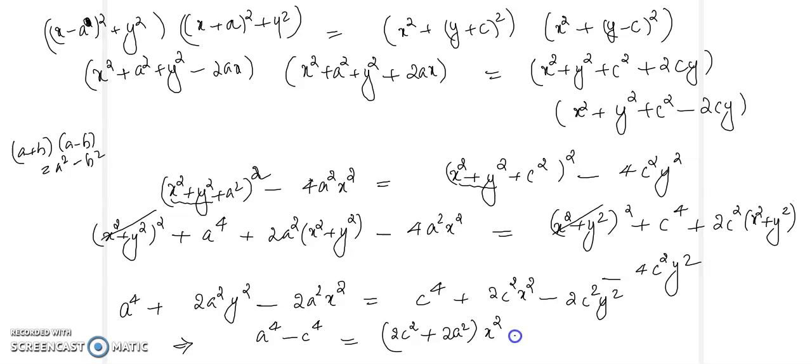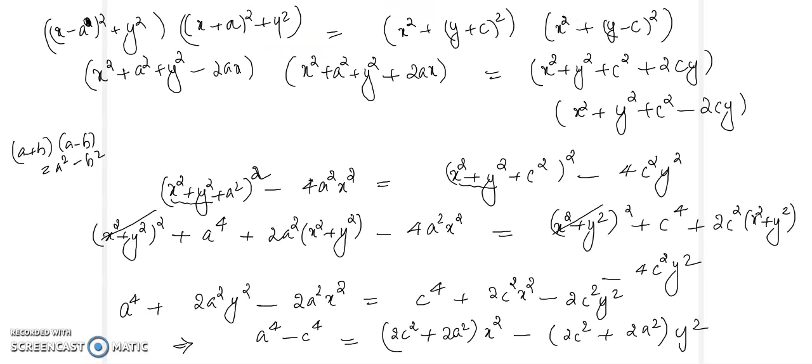Then minus 2c square coming over here, again plus 2a square y square will come. So now 2c square plus 2a square is common here. So divide throughout by that term.